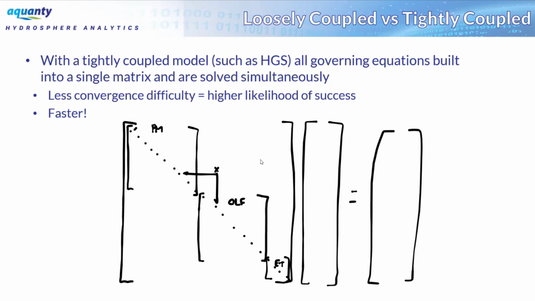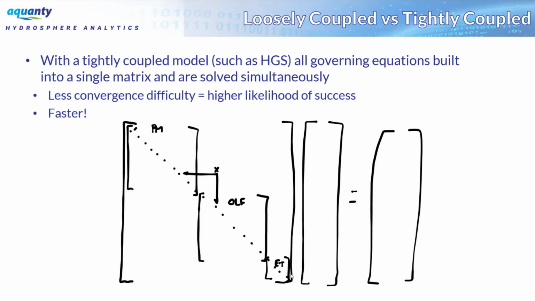With a tightly coupled model such as HydroGeoSphere, we're building all of our different governing equations of flow into a single matrix. Within your matrix of coefficients, you'll have different regions associated with different governing equations of flow. Here we have PM, which stands for porous medium. Here we have OLF, which stands for overland flow.